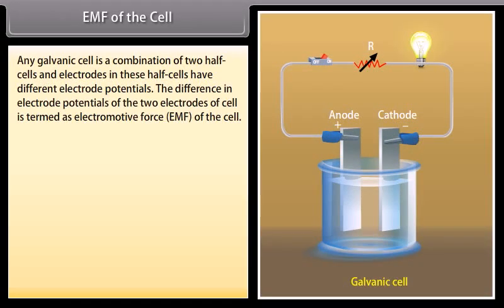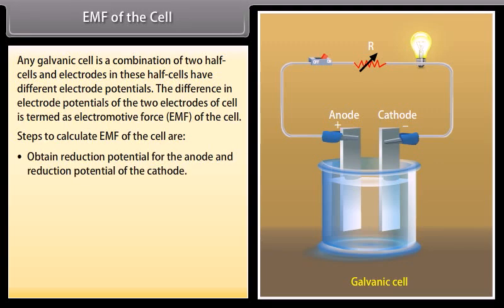EMF of the cell. Any galvanic cell is a combination of two half cells, and electrodes in these half cells have different electrode potentials. The difference in electrode potentials of the two electrodes of the cell is termed as electromotive force of the cell. Steps to calculate EMF of the cell are: obtain reduction potential for the anode and reduction potential of the cathode.